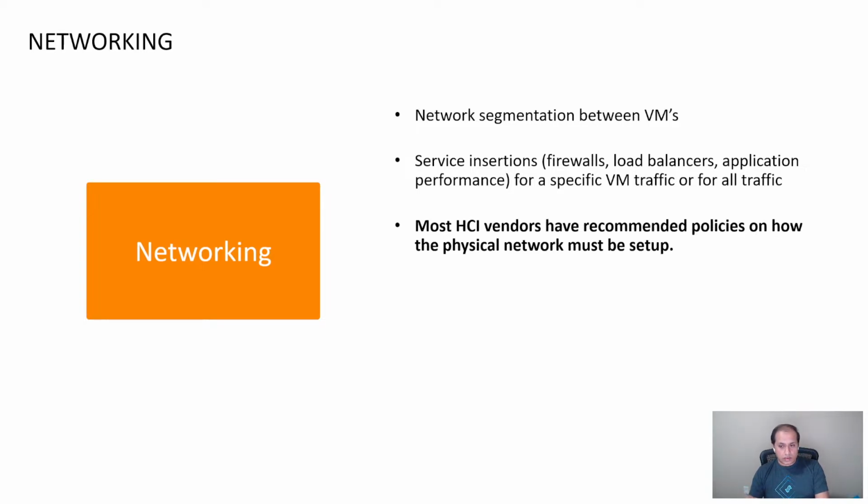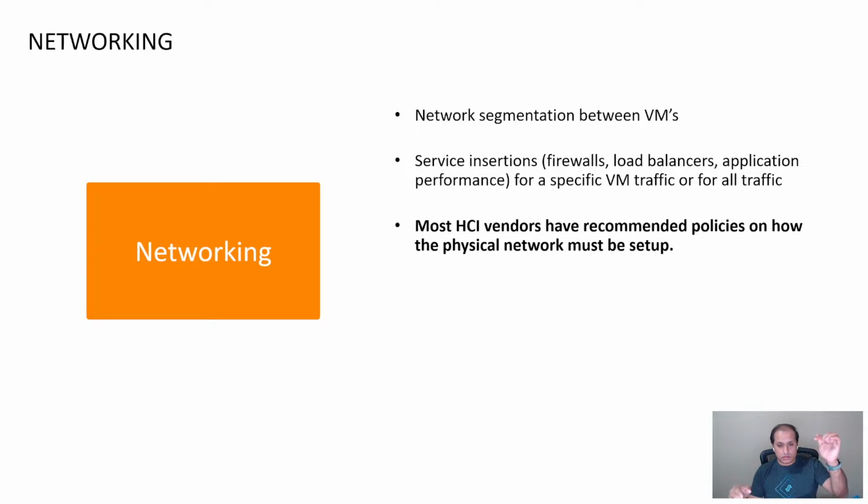So they recommend policies on the physical network. When it comes to network setup, they usually have multiple nodes in a cluster, and you have the top of the rack switches. How these are connected usually has some restrictions. They want to make sure that data from one node to another node, if it's being backed up, should not go more than two hops in the top of the rack switch.